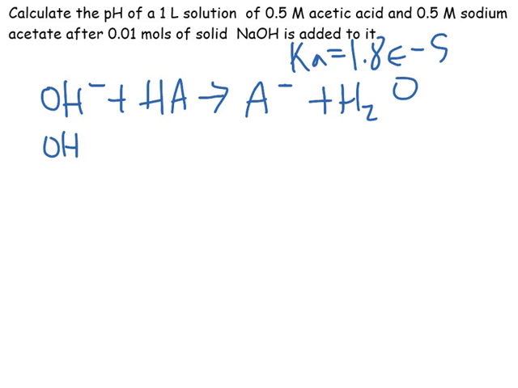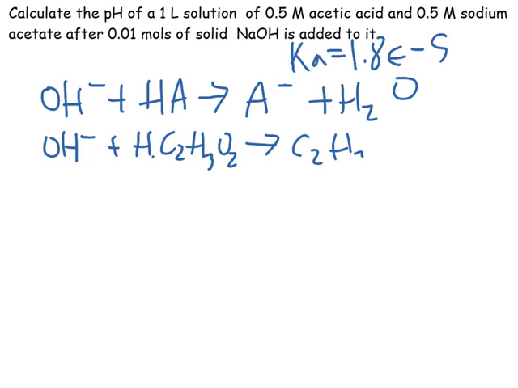So our OH is going to react with our acetic acid to form acetate ion and H2O. The problem states that 0.01 moles of solid NaOH is added to it.